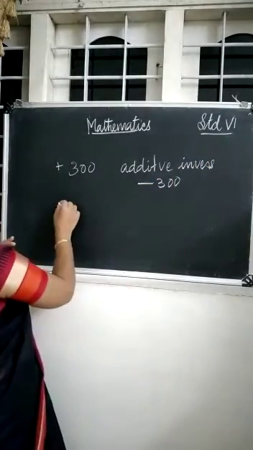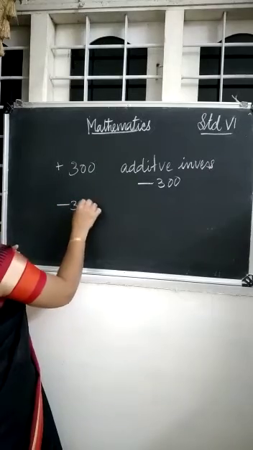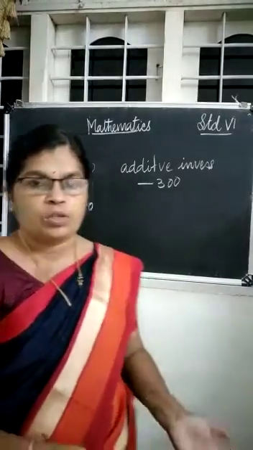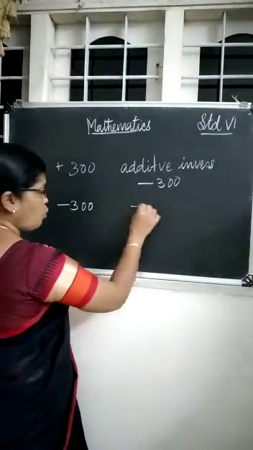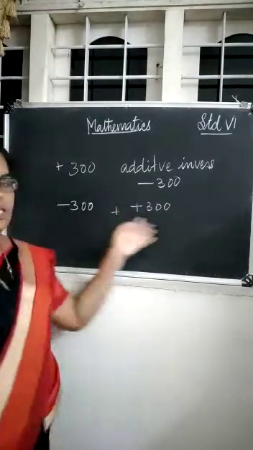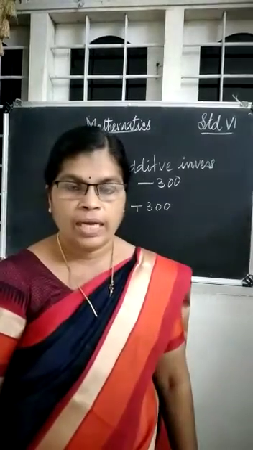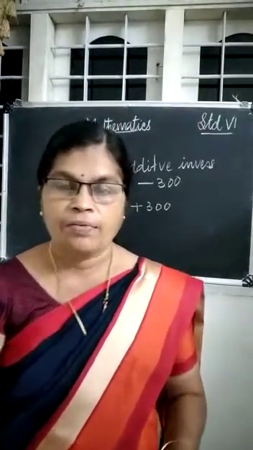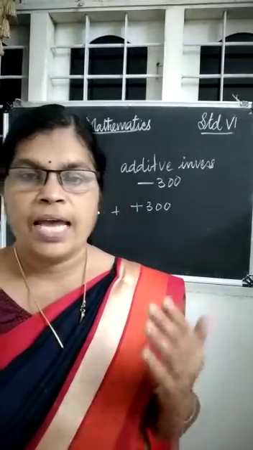Then what is the additive inverse of negative 300? The additive inverse of negative 300 is just the opposite of negative 300, that is positive 300, because if we add these two, we get the answer 0. An integer and its additive inverse, if we add, we get 0 as the answer.